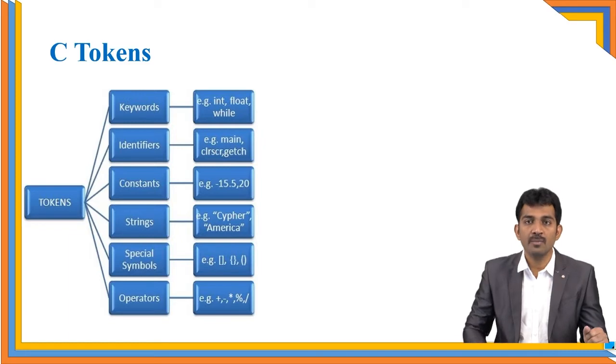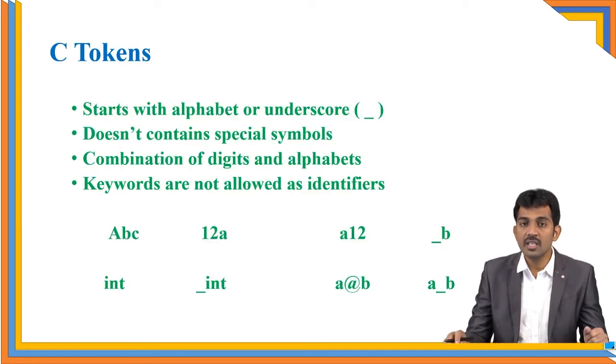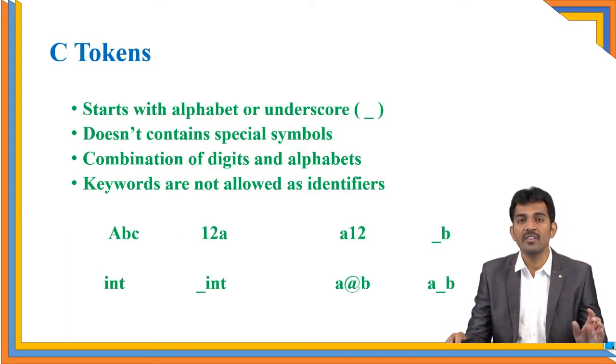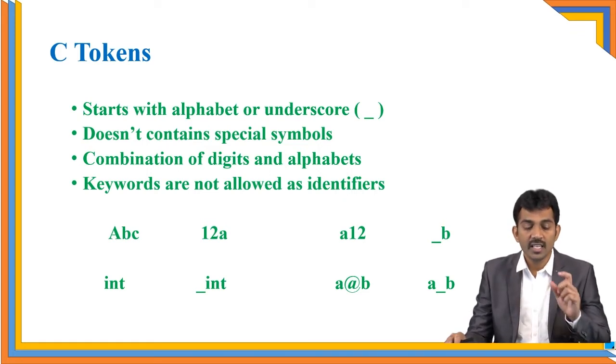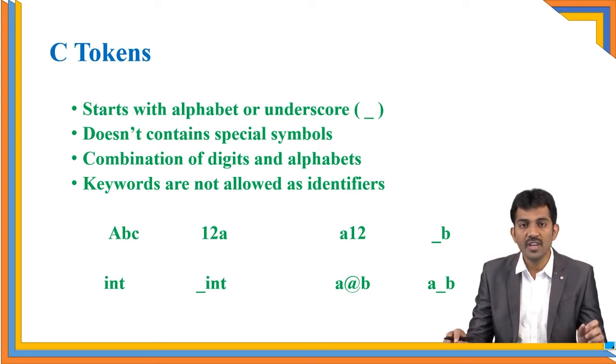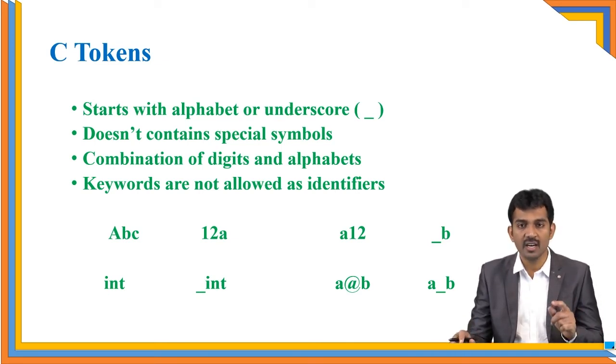Here are the rules to define an identifier. The first and foremost thing is that the variable or identifier should start with either an underscore or an alphabet. That is the first rule. Every variable, identifier or function name in your C program must start with either an underscore or an alphabet.